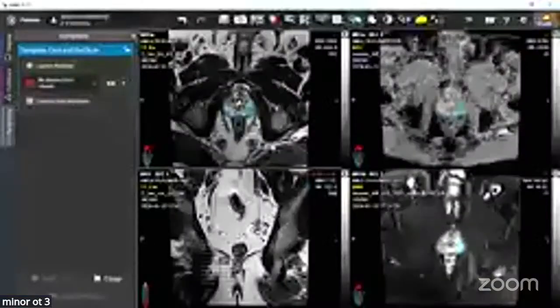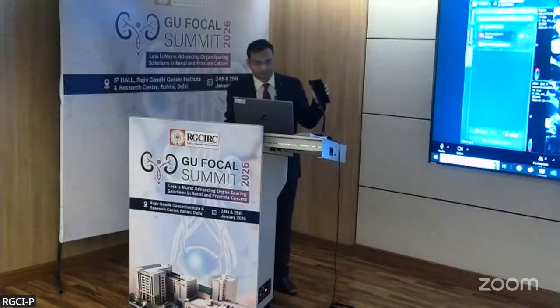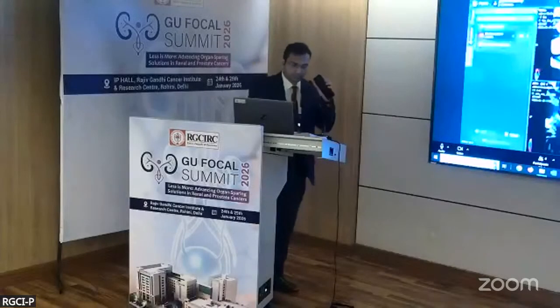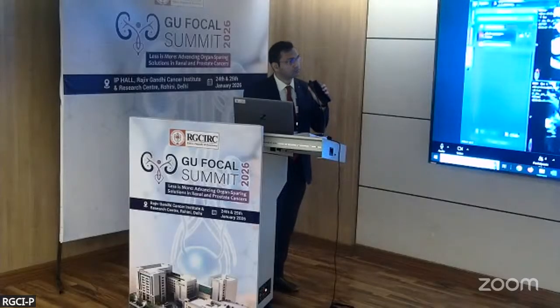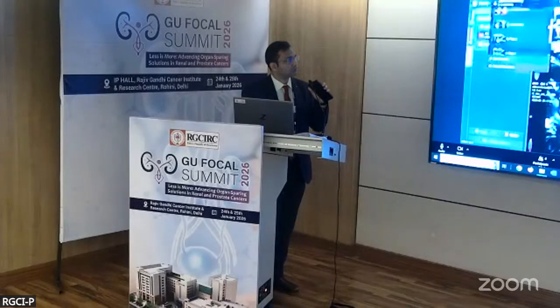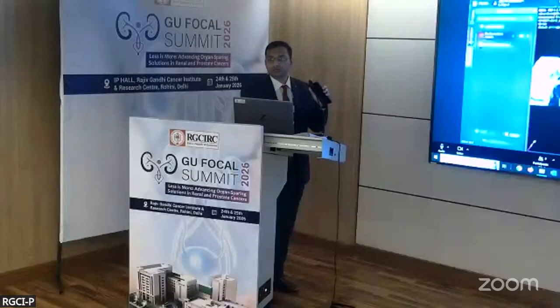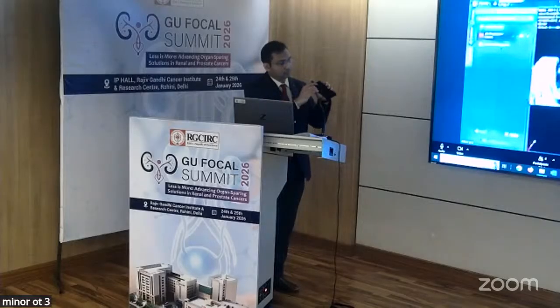Do the contouring of the prostate and keep it, and then next slide. Once we do the contouring of all the lesions, then do the placement of the probe. This is a very important step.